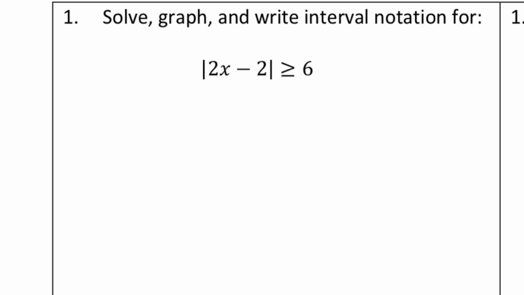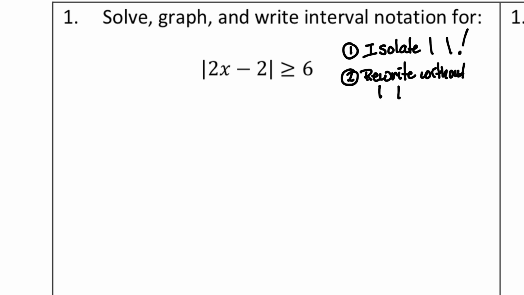Okay, step 1 is always to isolate the absolute value. In this case, it's already done. So we don't have to do anything on that one. Step 1's done. Step 2 is to rewrite without the absolute value. And the way you do that depends on this symbol.